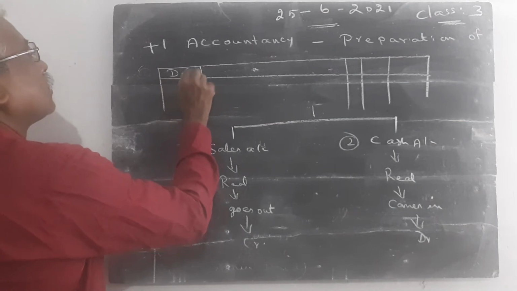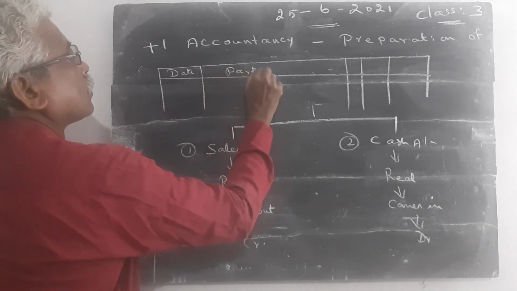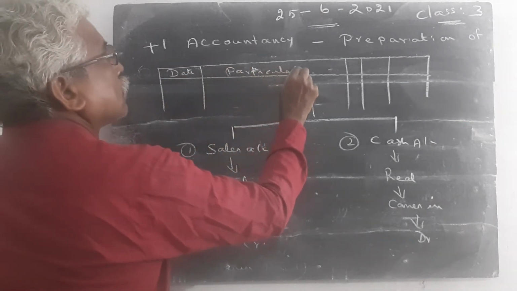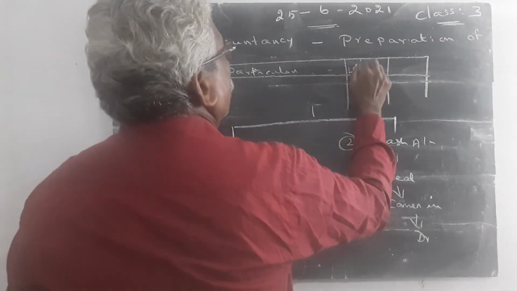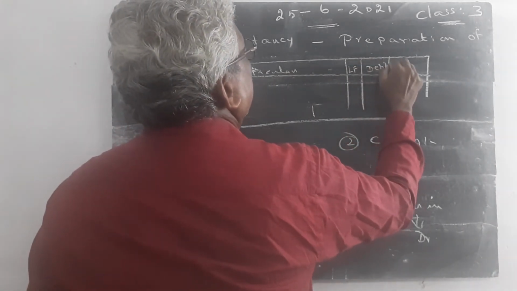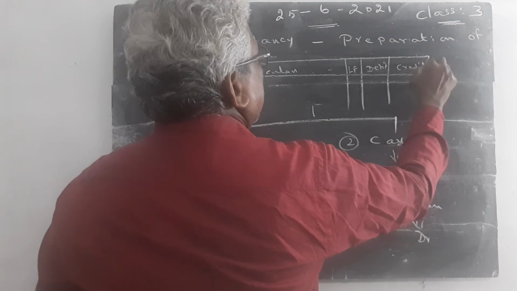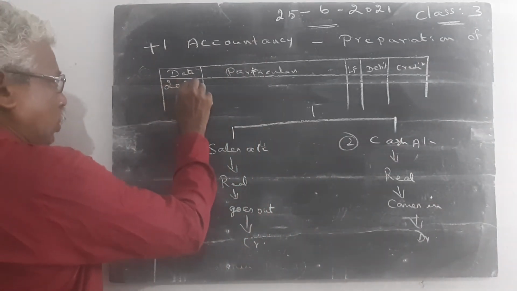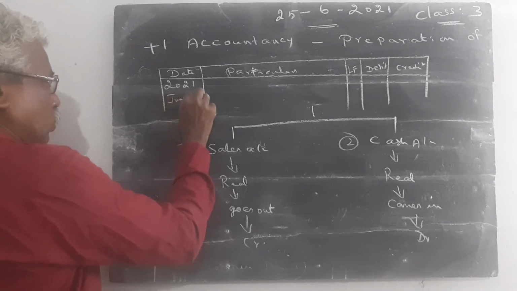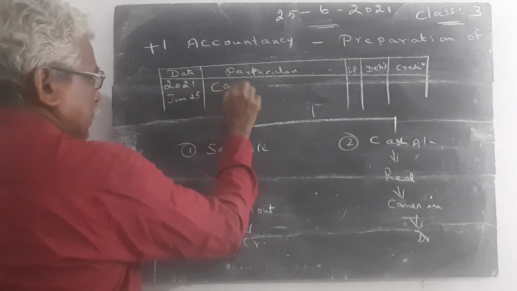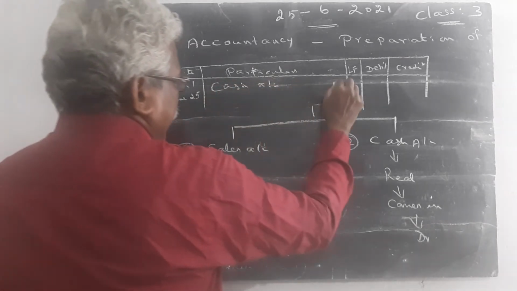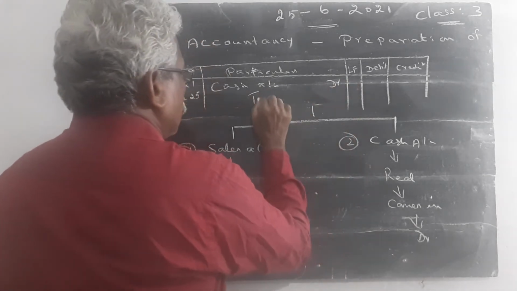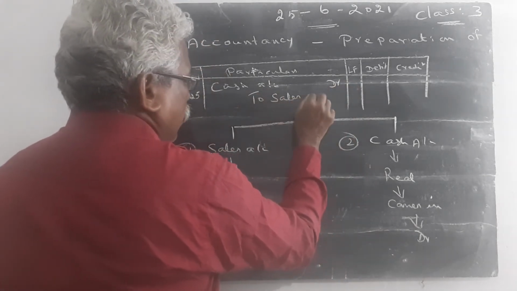Date, particulars, ledger folio, debit and credit. Debit aspect is entered first. 2021 June 25, cash account debtor to sales account.